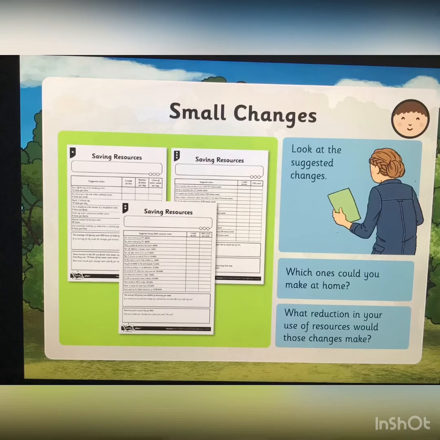What reductions in the use of resources would those changes make? And how will it impact you and your community if done properly? To give you some ideas, you can go into the folder and watch the second video about energy saving in the home. That'll give you ideas on what you can do.